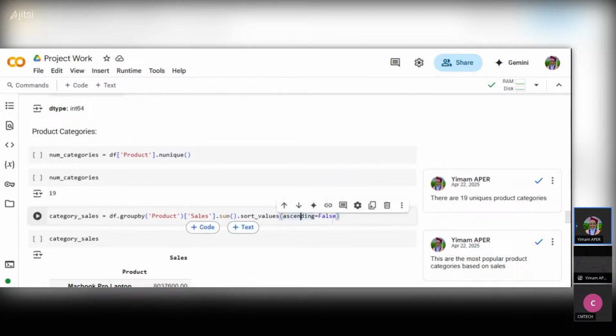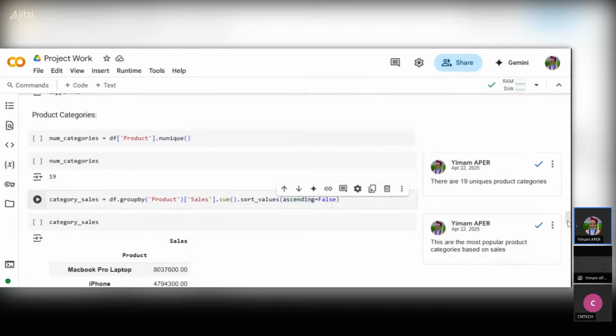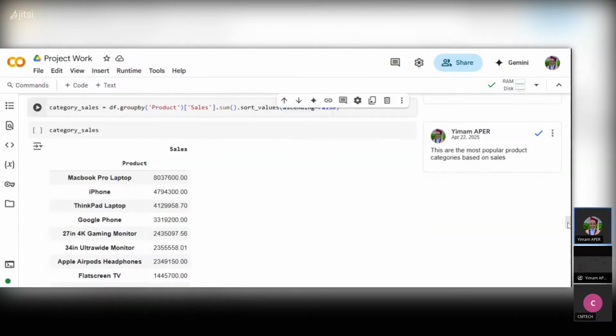So this is going to give us all the product categories that were given to us based on the sales that we had.